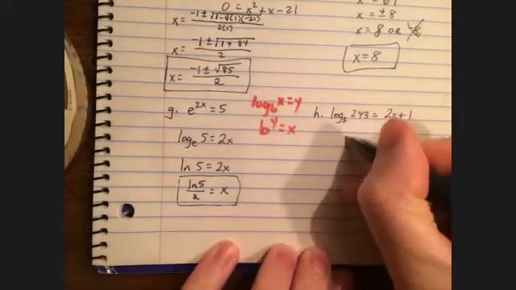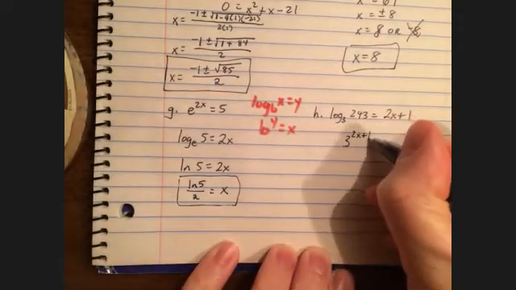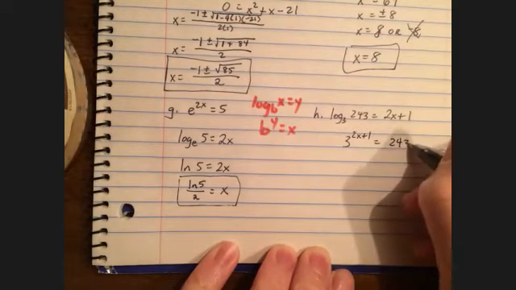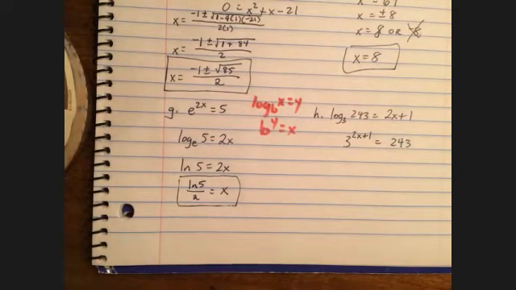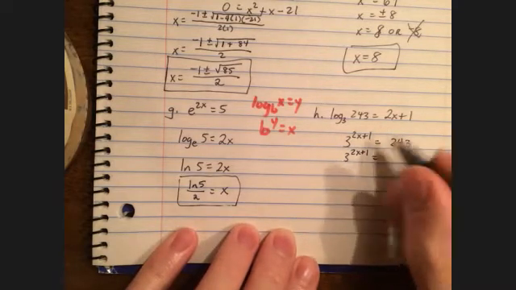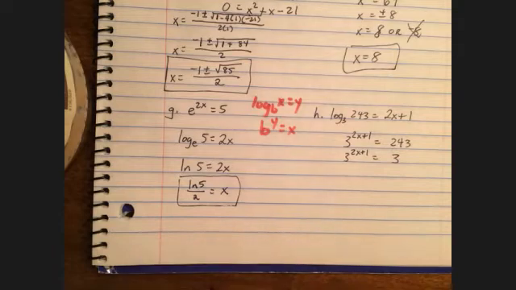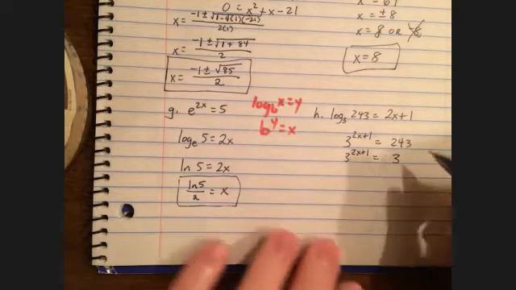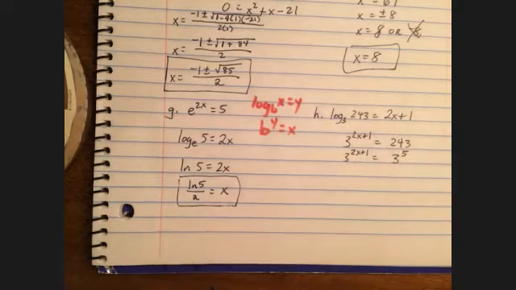All right, next one, h. We would take 3 and raise it to the power of 2x plus 1, and that's equal to 243. Well, remember from exponents last time, we can solve these if we try to get a common base. We know 3 squared is 9, 3 cubed is 27, then it's 81, so it looks like it's going to be 3 to the 5th, which would be 243.